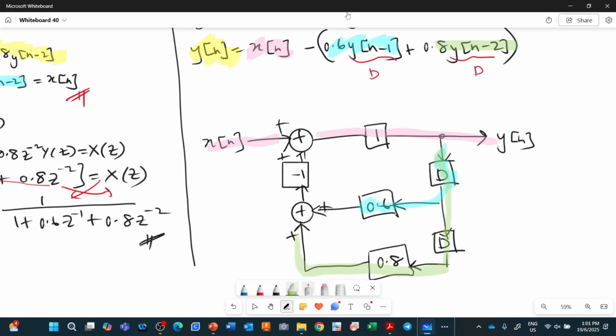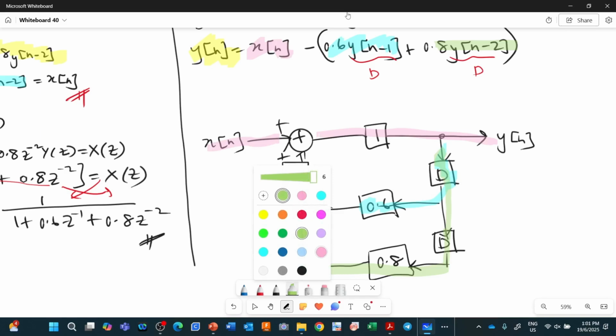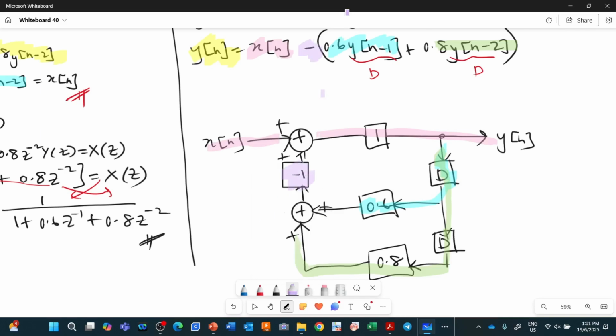The minus is this one, the gain block. So did you get a similar block diagram to the question? Okay, so this is how you draw it out.